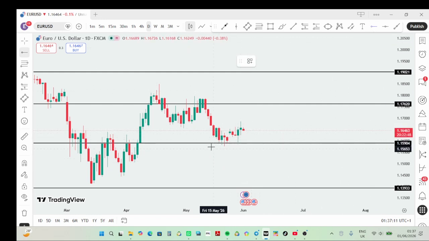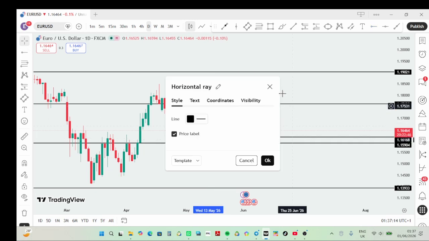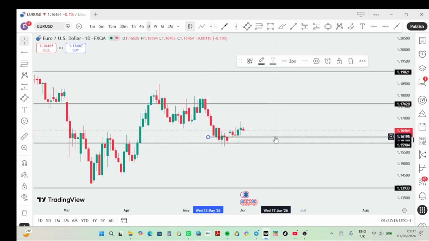To the upside, I just want to see a continuation from this point. The market should come down, fill this little gap here, come down to this point, 1.16195. Then from there I can have a good entry.